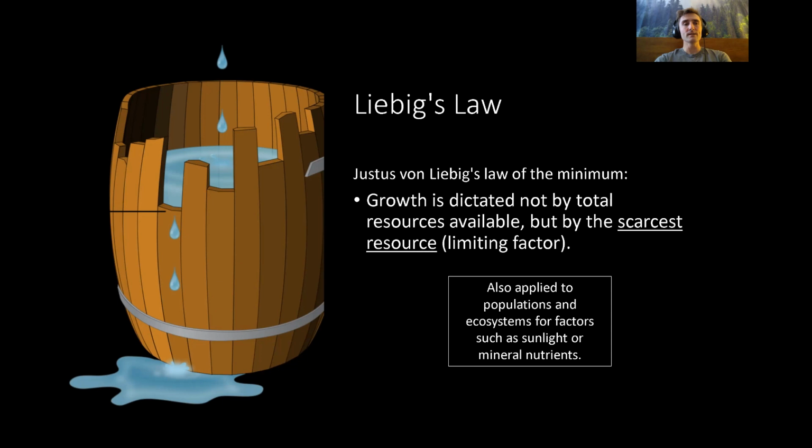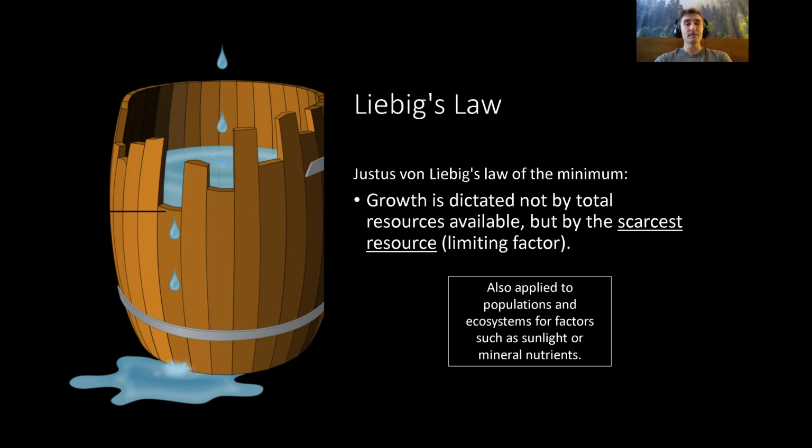One of the ways that we diagram this concept uses the metaphor of a barrel, an old-style wooden barrel that has different lengths of wood that go up to different heights. You can imagine that if you try to fill this barrel with water, whatever plank goes up to the shortest height is where the water starts to leak out.